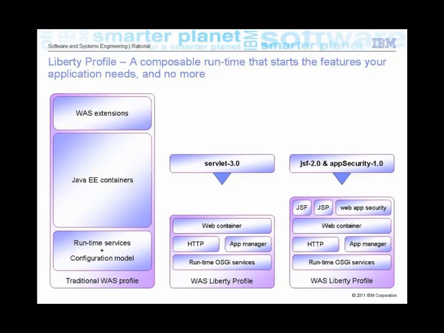So this is really a reflection of what's going on. How have they managed to make it so quick and so fast? What they've done is they've used OSGi, which is starting to come into the application servers, to allow them to choose which bits of WAS to actually load. Depending on what you're trying to run, you choose which piece of technology you want to load into the profile.